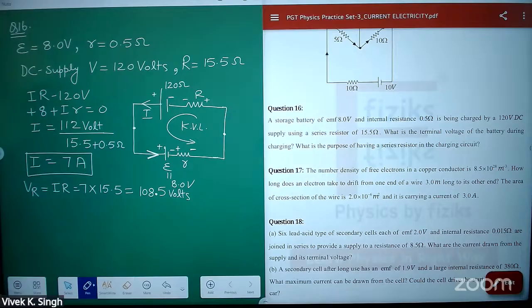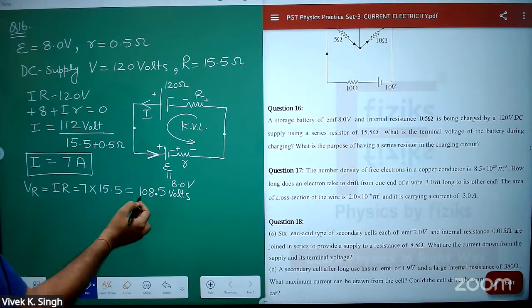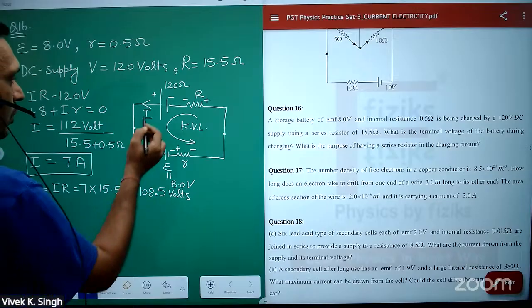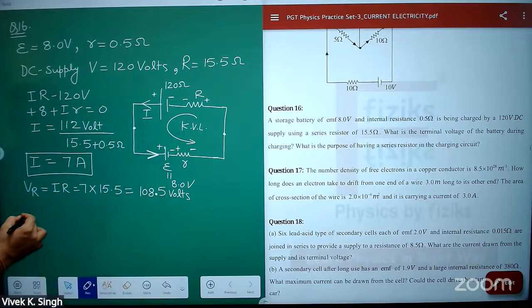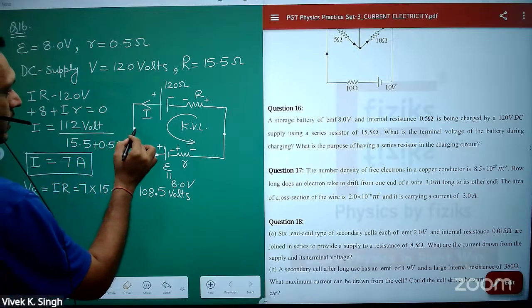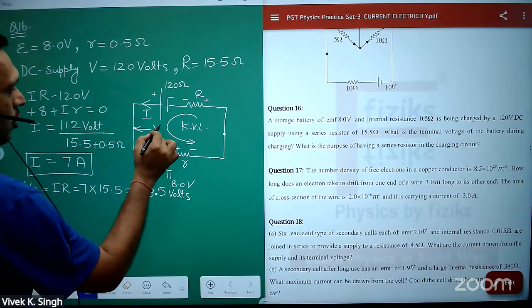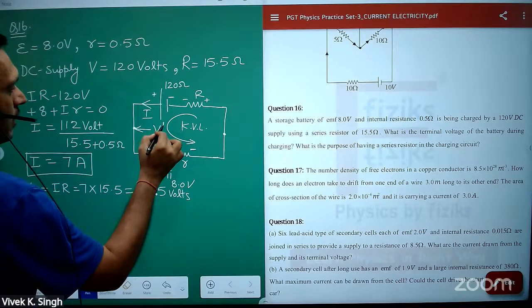So this is the voltage drop across R. So what is the terminal voltage? Terminal voltage is this voltage. Let's say this drop is V dash.